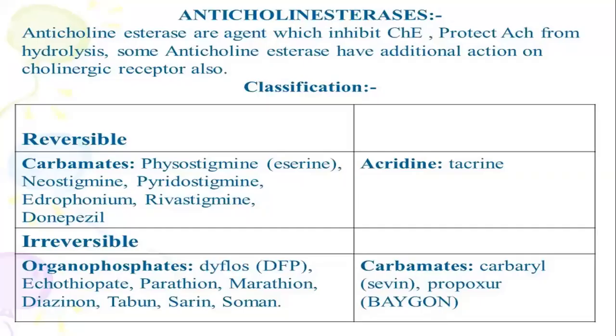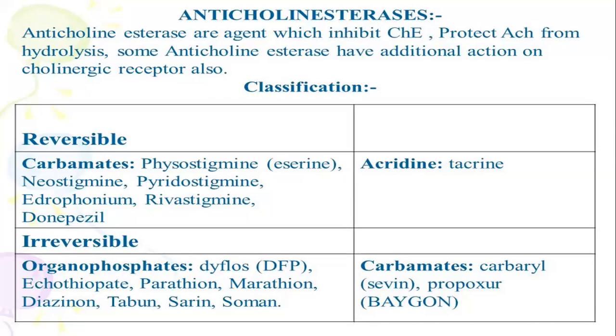Now, this is the classification of anticholinesterases. Some are reversible and some are irreversible. Reversible are carbamates: physostigmine, neostigmine, pyridostigmine, edrophonium. These are the drugs. Then there are the acridines.